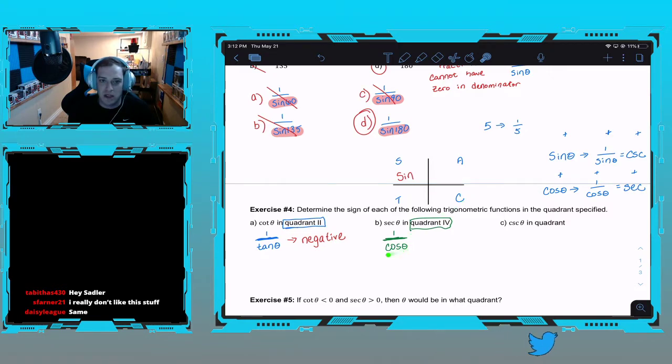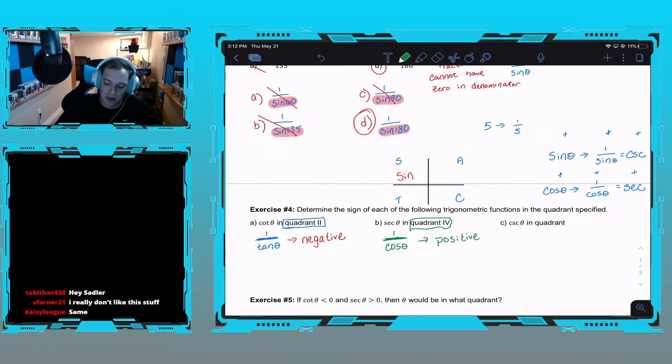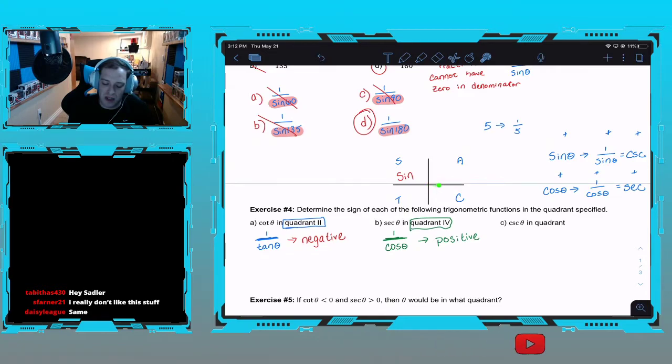So that means because I have cosine, and cosine is in quadrant 4, this would just be known as positive. Okay? And you guys have to remember cosine represents the x value and sine represents the y value. So that's where all those letters came from. If I go over to the right on my grid, cosine's the x value, so the x is positive. So that means this would have to be positive.